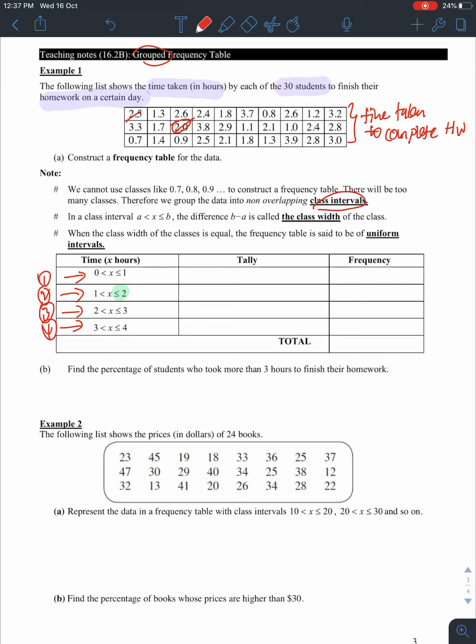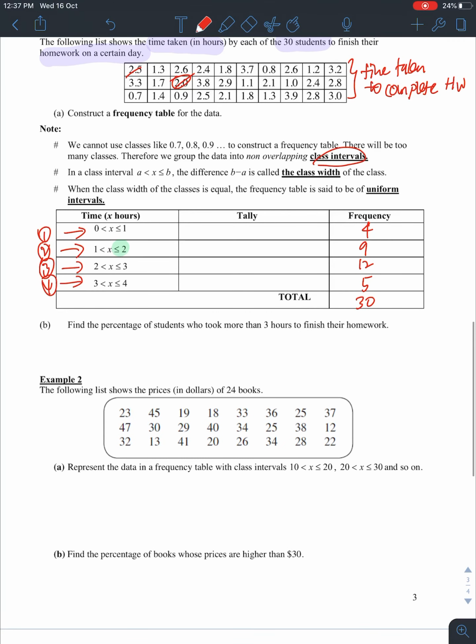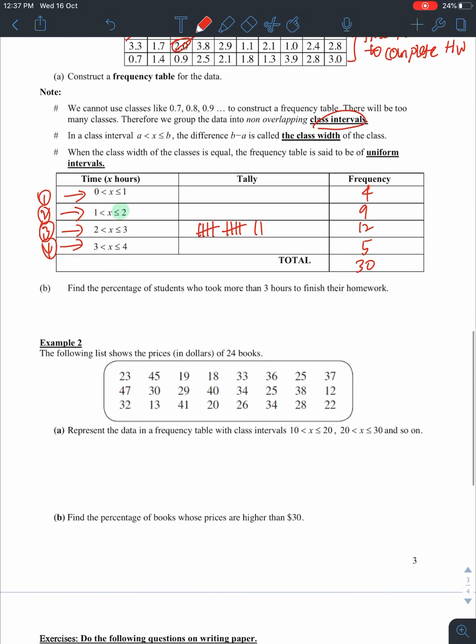Let me repeat myself. For the first class interval, you should get 4, 9, 12, followed by 5. And the total number will be 30. Check your answers. So in this case for 12, you should have something like that. 5, 5, 2.